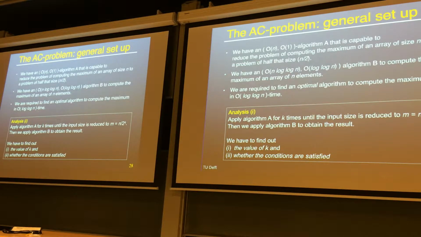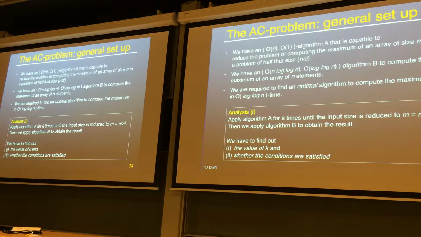So the basic scheme is: you apply A for k times until the input size is reduced to a value of m equal to n divided by 2 to the power k, and then we apply B to obtain the result.